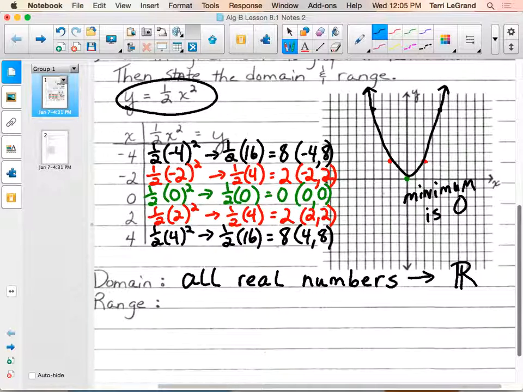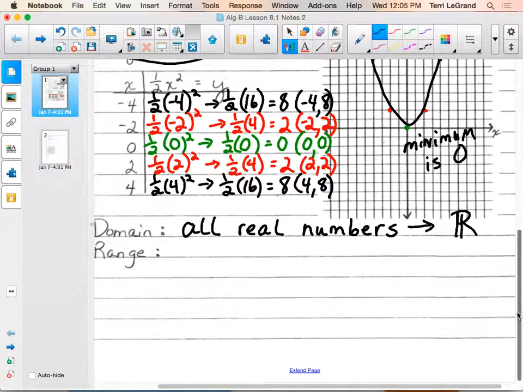So when you do the range, here's what you're going to say. When you have a minimum, you're going to say it can be that number and anything larger than that, right? Higher than that. So we're going to write that as an inequality. y is greater than or equal to 0. It can be 0, or it can be any number larger than 0.